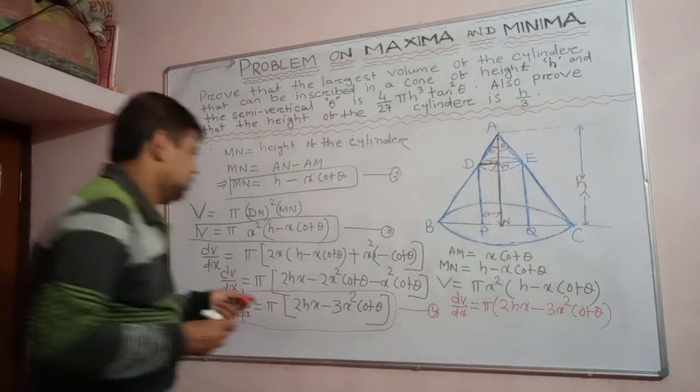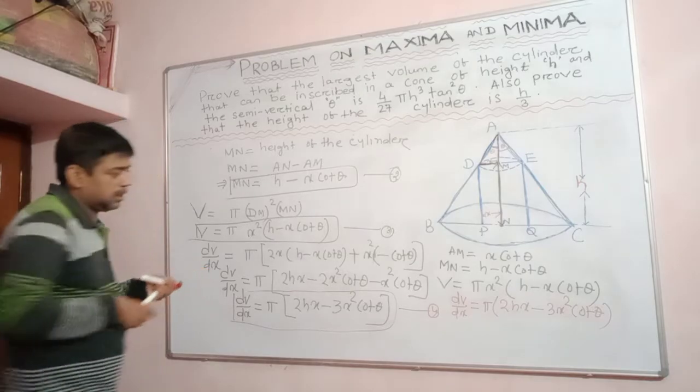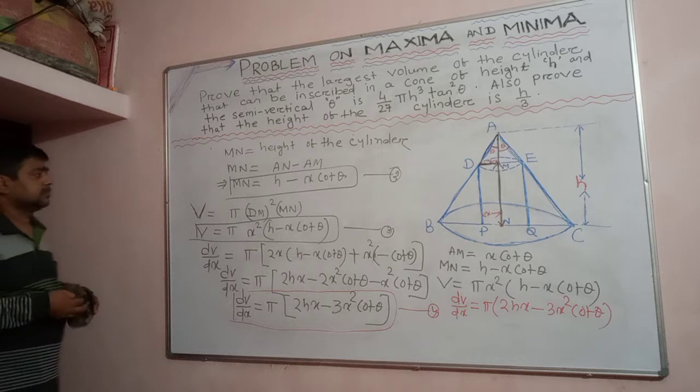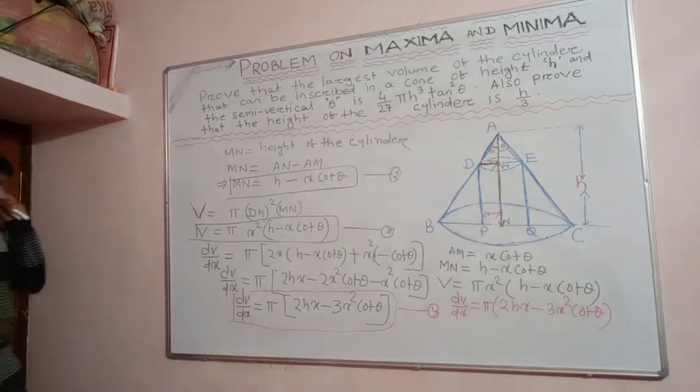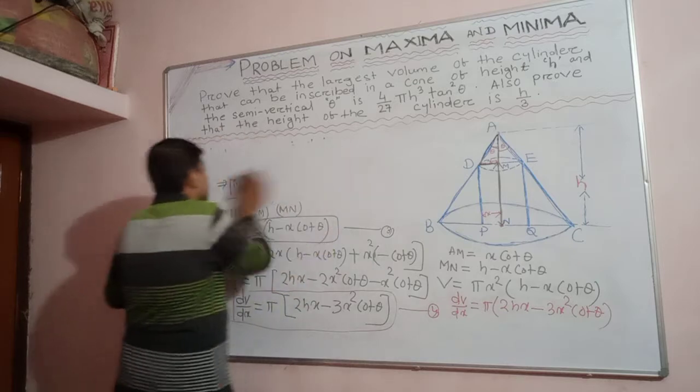Okay, so this is the fourth point we got. dV by dx is pi whole into 2hx minus 3x square cot theta. Shall I proceed? Okay, thank you.